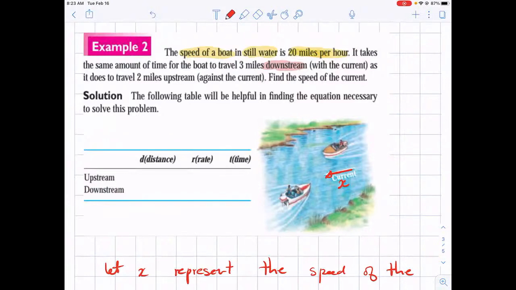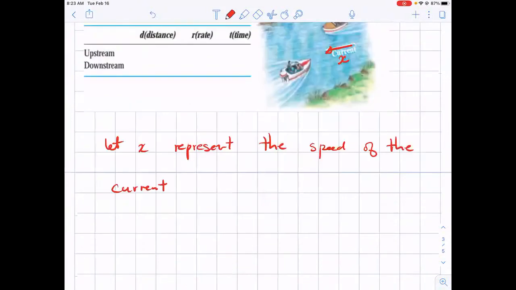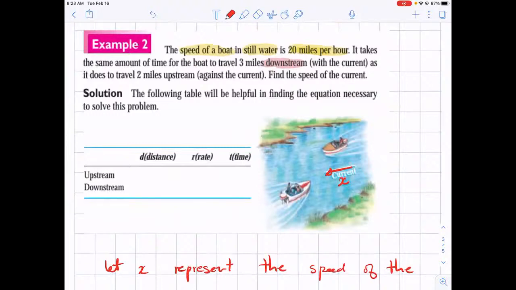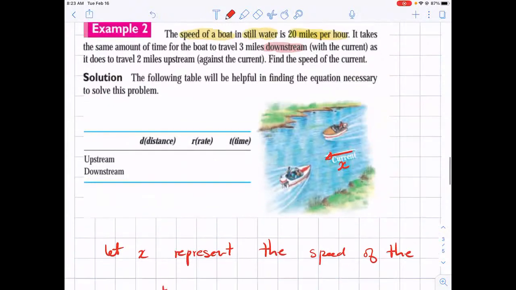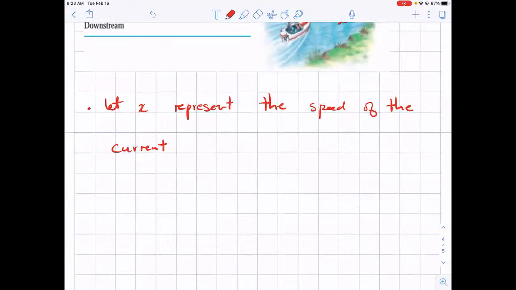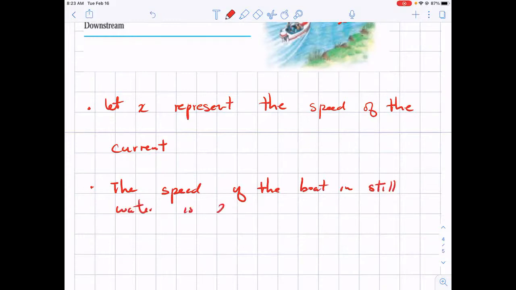So the speed of the boat in still water is 20 miles per hour. We can write that down: the speed of the boat in still water is 20 mph, miles per hour.